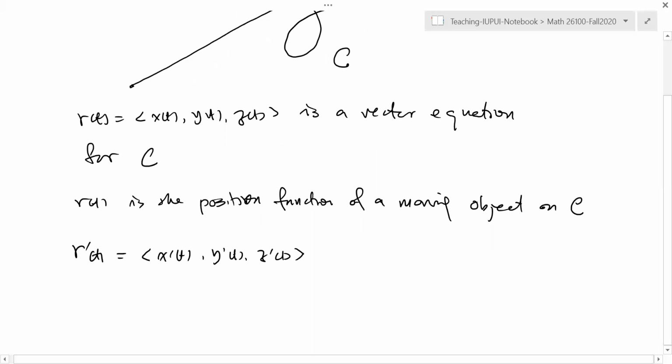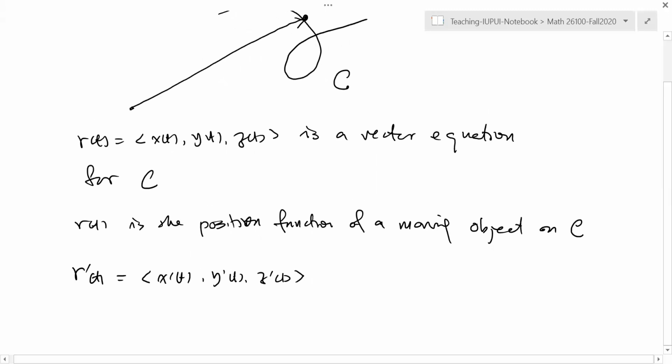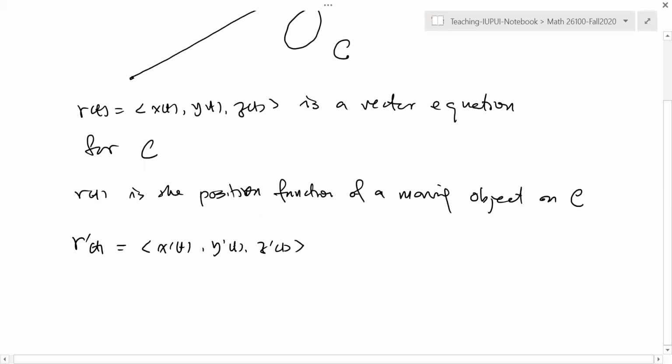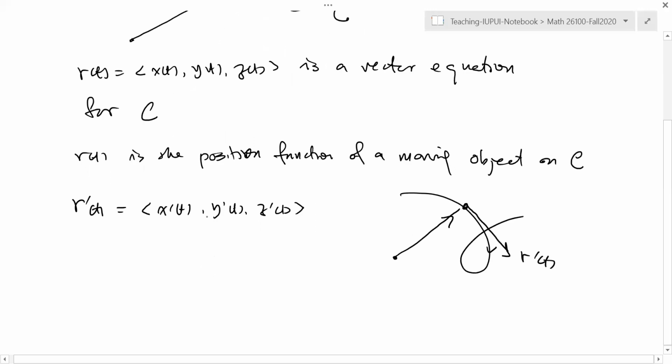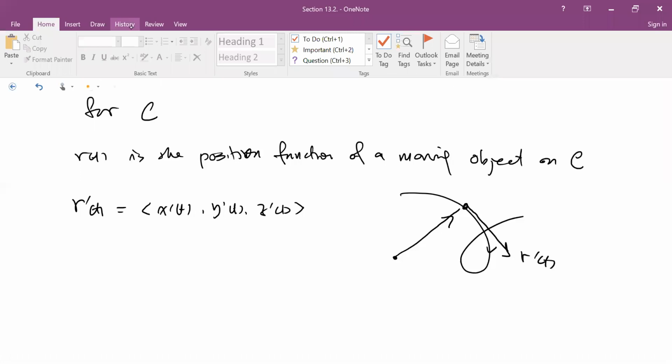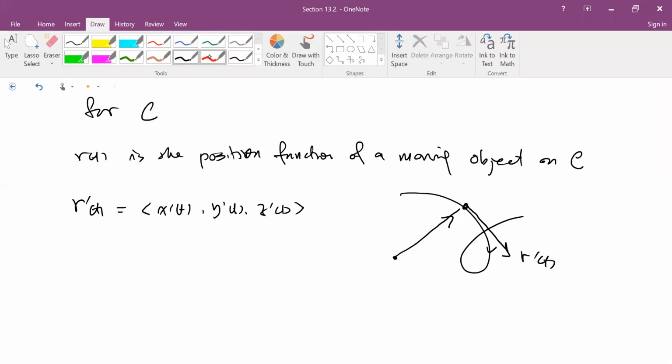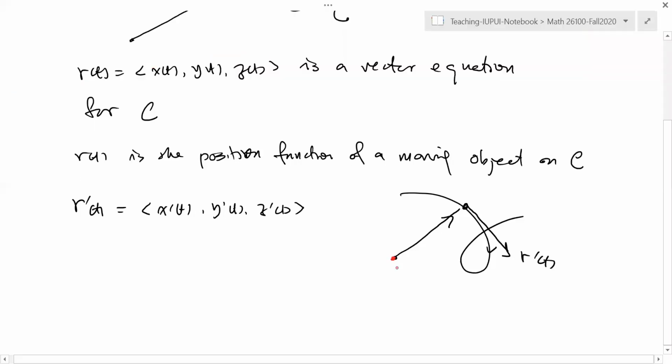So what is the geometric meaning of this derivative? If this is a curve going in that direction, and this is the origin, this is r. When you differentiate, you get another vector, which always starts from the origin.